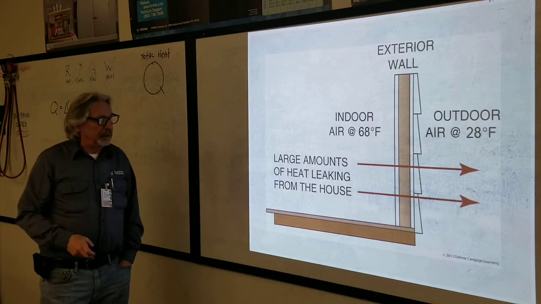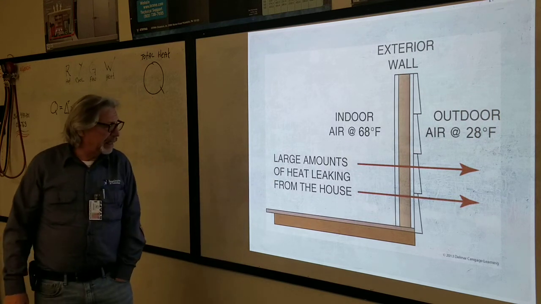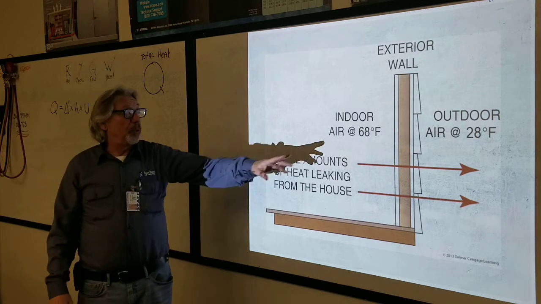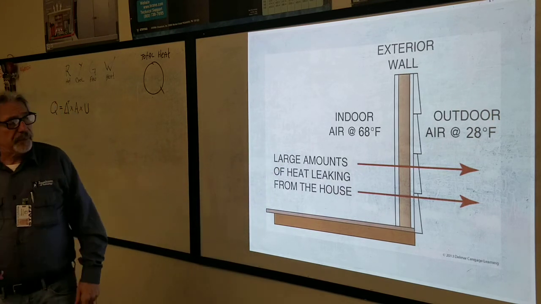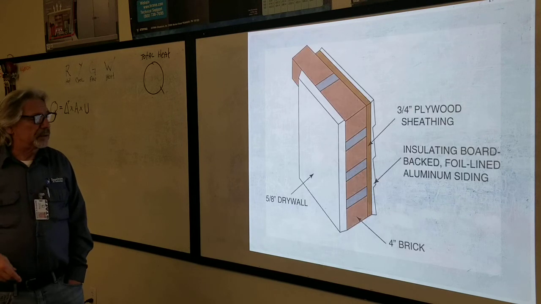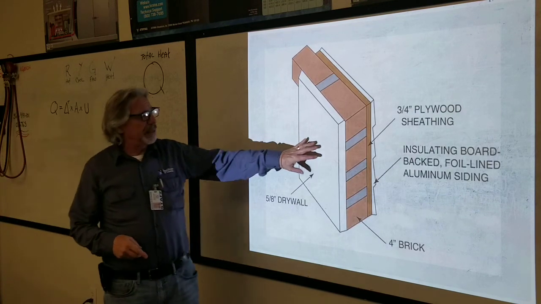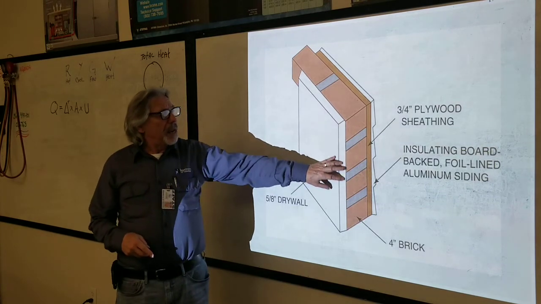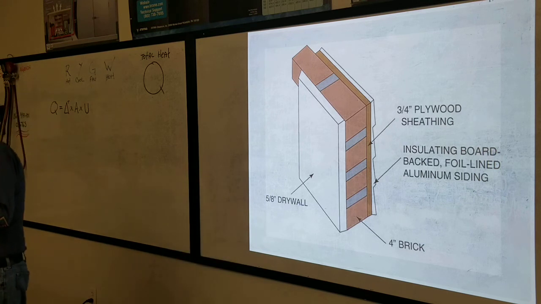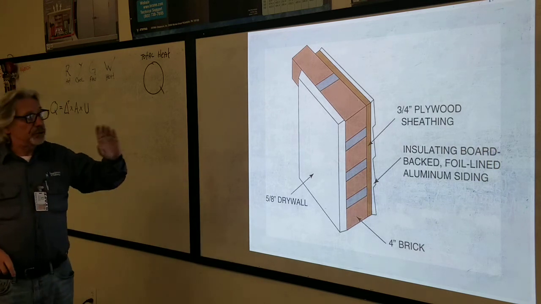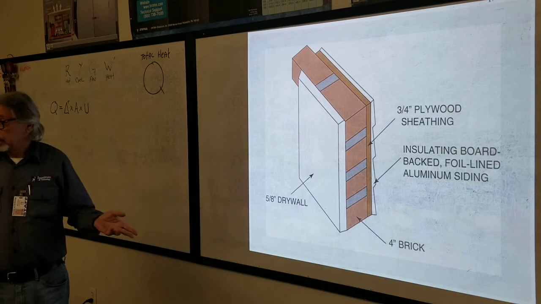Okay, so, like I said, large amounts of heat leakage through the walls. So this is a problem that we're gonna find happening. So what we're gonna do is we're gonna break down the walls in layers, because we know that heat's gonna travel through certain materials at different rates than other materials, right?